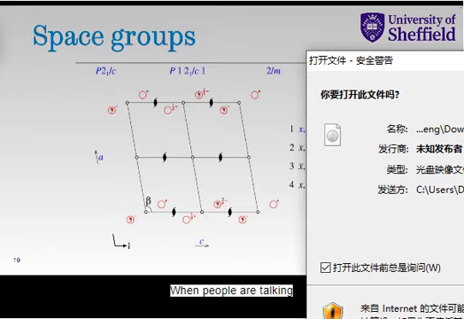So when people are talking about a particular crystal structure, what they're referring to very often is something with that translational periodicity, where we're defining it by a unit cell, and that unit cell we can define with one of these space groups that we can look up and tabulate online. And there are various resources that I'll make available, or I'll give links to in some of the notes, to where you can look up these space groups and work out what these crystal structures are and consider these crystal structures for a particular material.